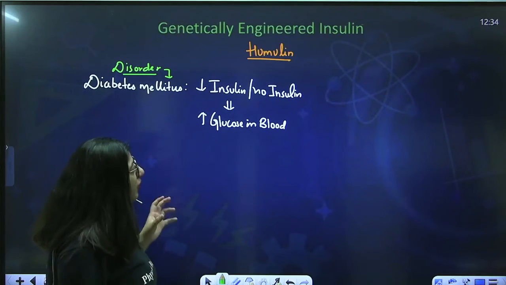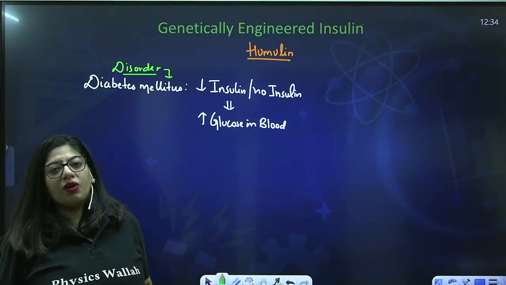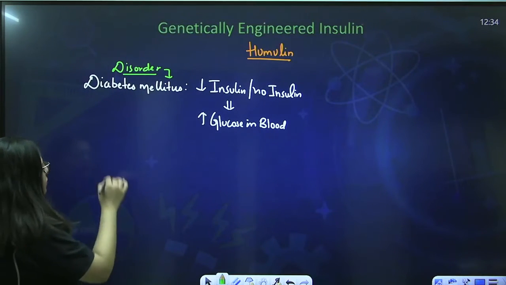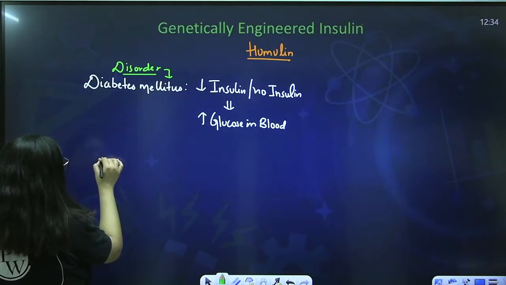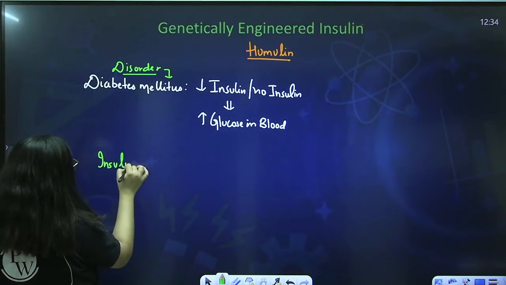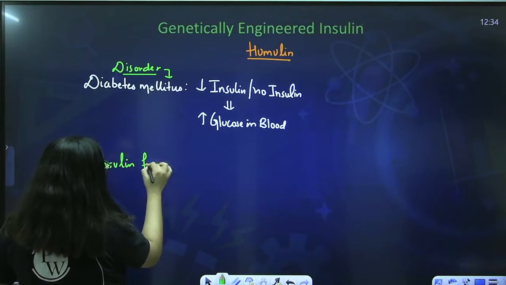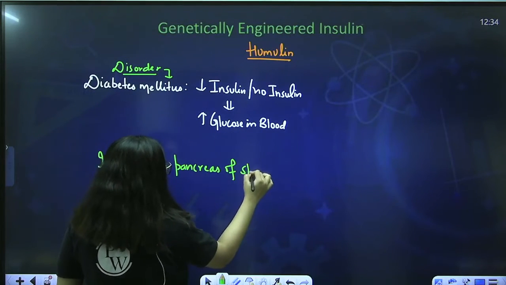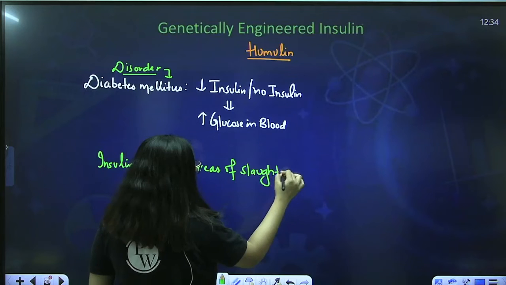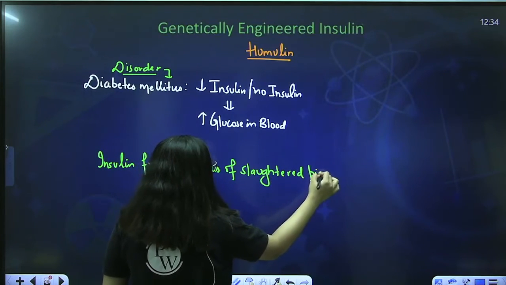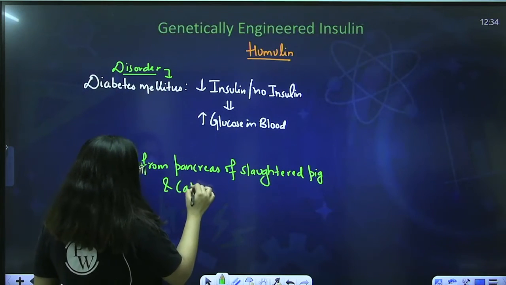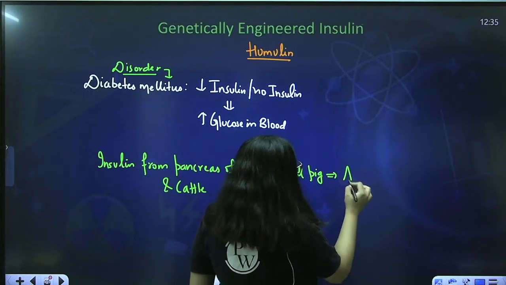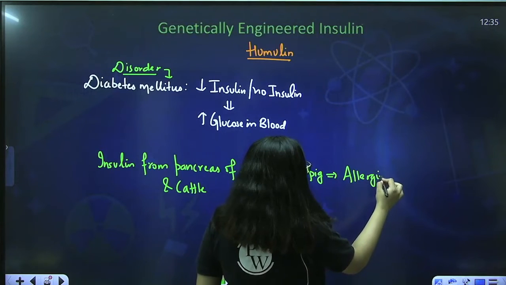Okay, so when recombinant insulin was not invented, what did people used to do at that time? The option they had was to take insulin from the pancreas of slaughtered animals, of slaughtered pigs and cattle. This was the only option they had. But this has a side effect, it causes allergies.